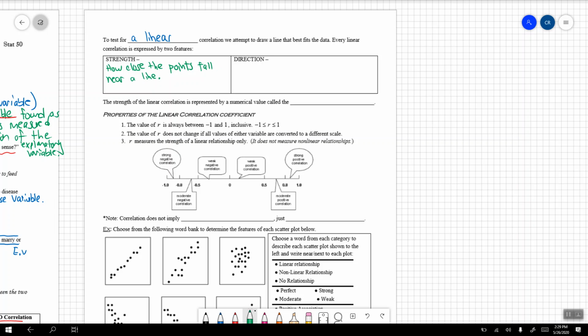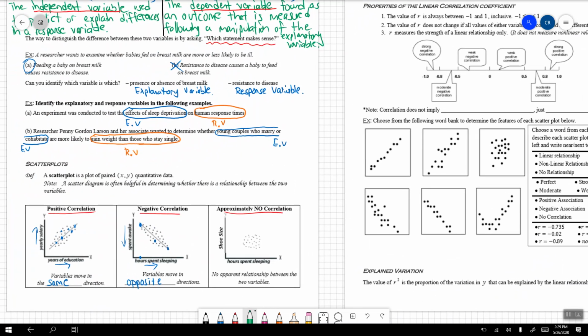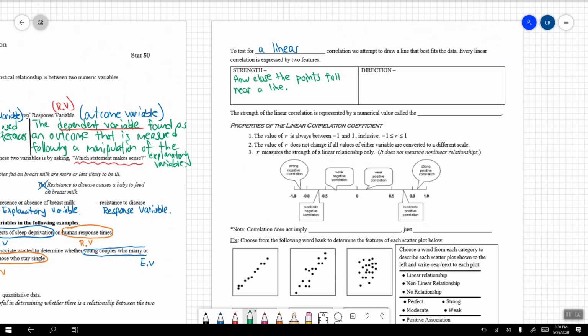Again, we want to see how near all of those points are to a line. If you look at the positive and the negative correlation on this first page, look at all of these points that are near those lines. All of the points are fairly close to this line that we have drawn here. Therefore, that strength is pretty good, meaning it has a strong strength.